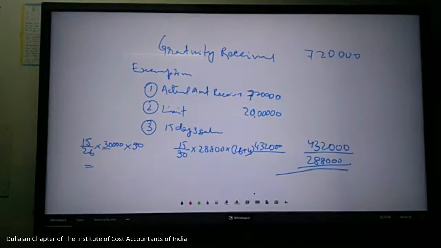Okay, so gratuity, I think you will be able to do it. So I'll be just giving you a brief about the chapter pension. Okay, pension अभी हम लोग illustrations कल से solve करेंगे, but pension अभी आपको समझा देता हूँ मैं.